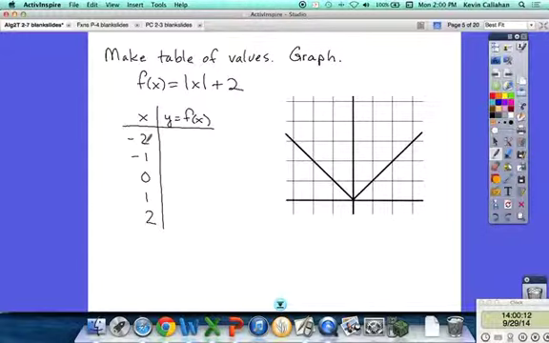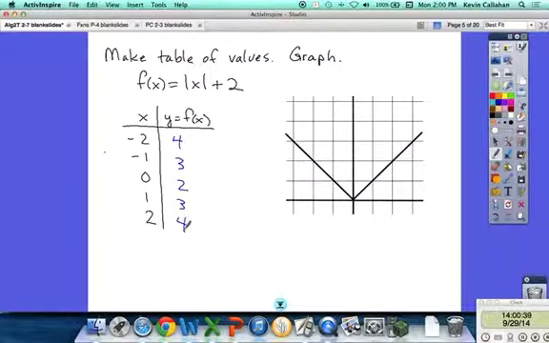When I plug in -2 here, absolute value makes it 2. And then I add 2, I get 4. Then I go to the -1. Absolute value of -1 is 1. 1 plus 2 is 3. Then we put in 0, 1, and 2, and we're going to get 2, 3, and 4.